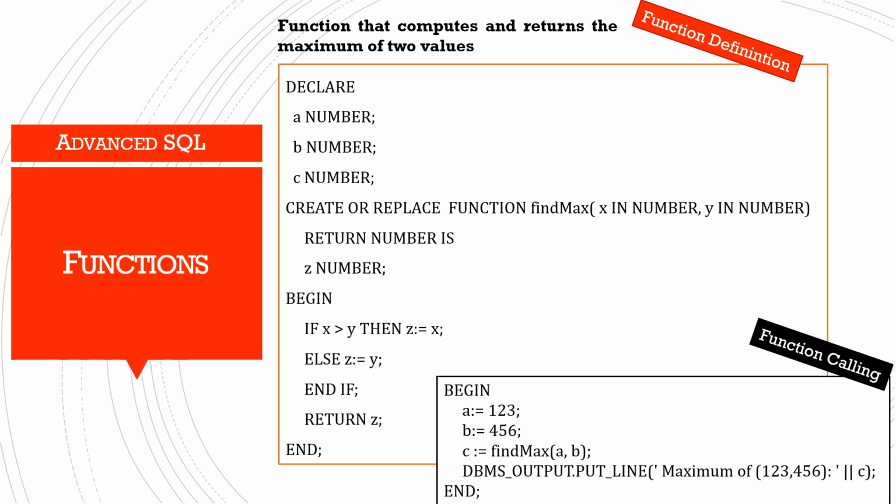As we said, whenever we encounter a function call, the control moves to the called function. So for find_max, the control moves to the find_max function definition.